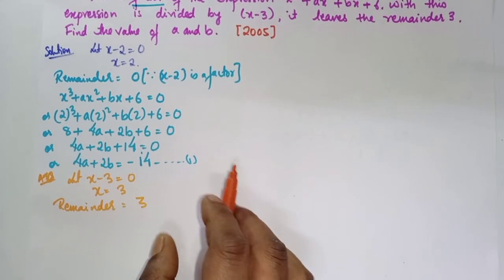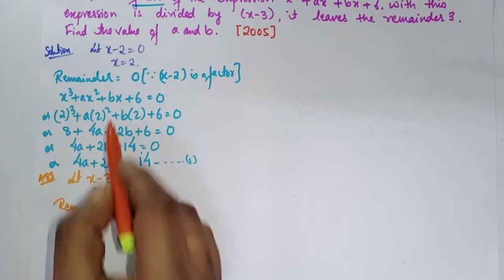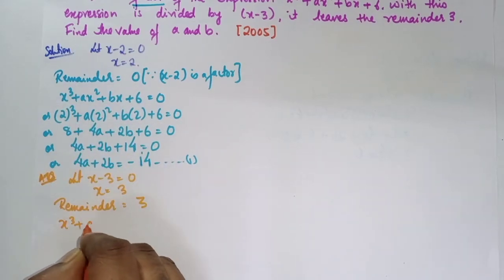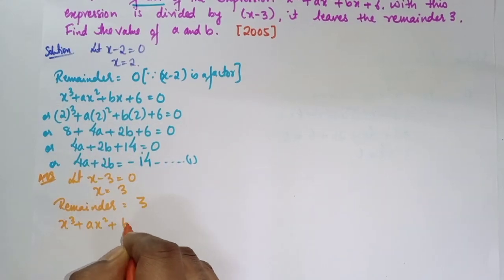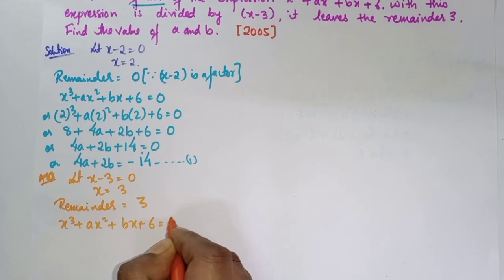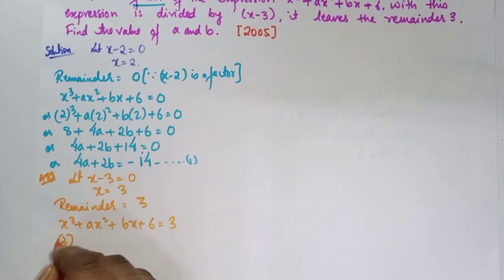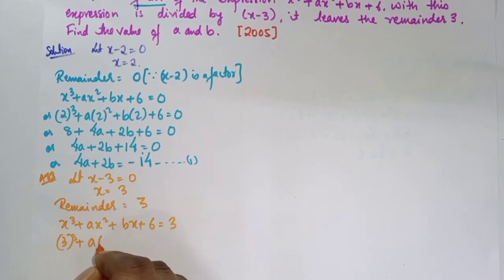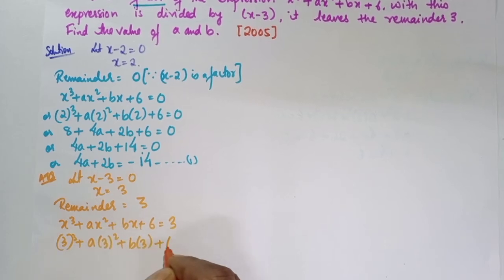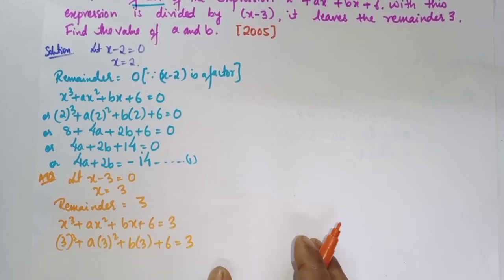So I'll copy the expression: x cube plus ax square plus bx plus 6 equals 3. What is the value of x? 3. So I'll put 3 cube plus a 3 square plus b 3 plus 6 equals 3.